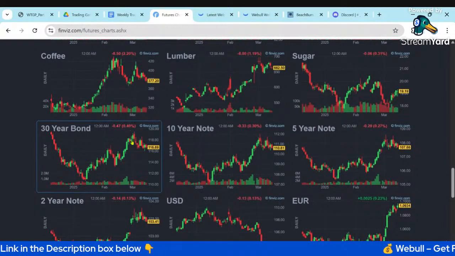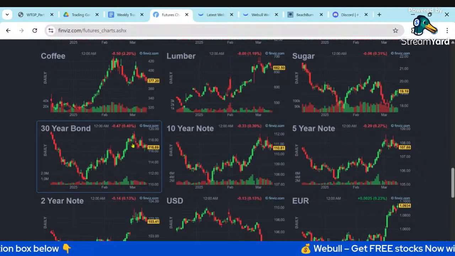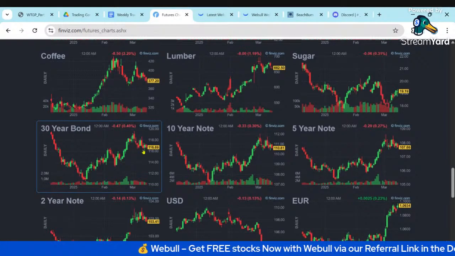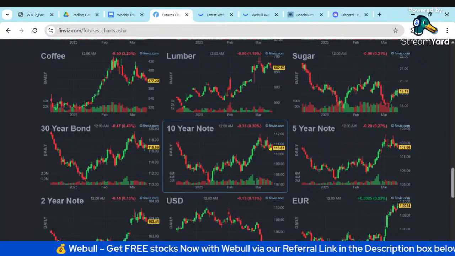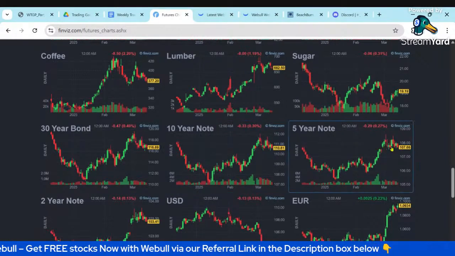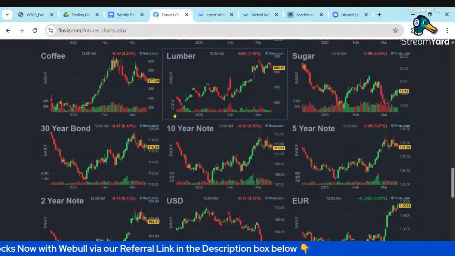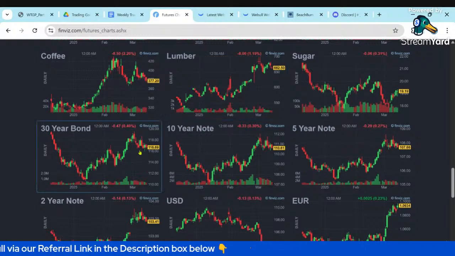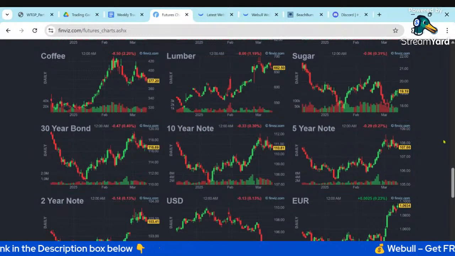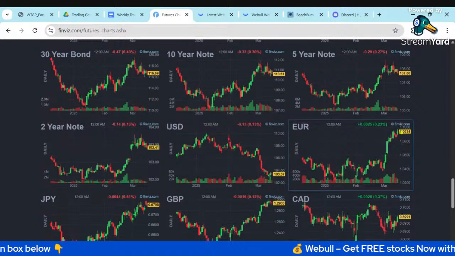Again, we saw bond yields down a little bit, but bond prices didn't really pop back up. It's holding a previous high support. We'll see if the lack of interest rate cut gets bond prices bounding back up. Euro very strong.